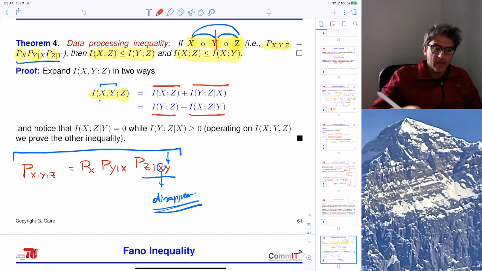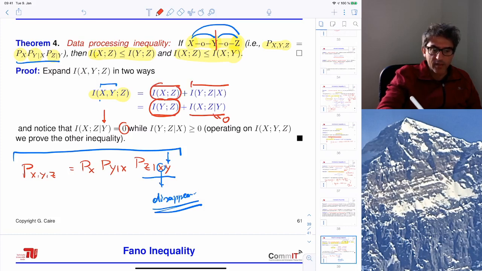So this means that the mutual information of x and z, which are the extreme variables, conditioned on y is 0. So this term is 0. It means that this mutual information is equal to this mutual information plus something that is generally greater or equal than 0, which automatically implies that the mutual information of y and z is greater or equal to the mutual information of x and z.